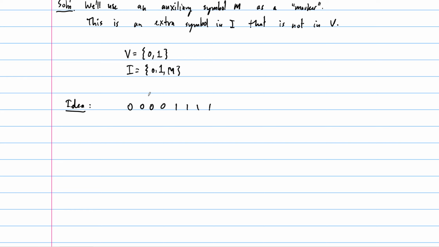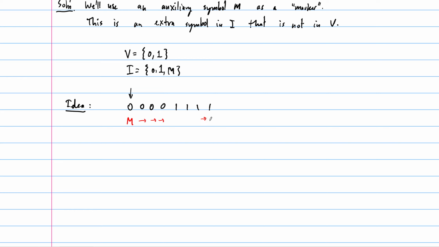Okay, we want to plug this into our machine, and we want to recognize whether or not this starts with n zeros and ends with n ones. So what it's going to do is start here, obviously, and rewrite this as an M, and then move to the right all the way over until it gets to this symbol.